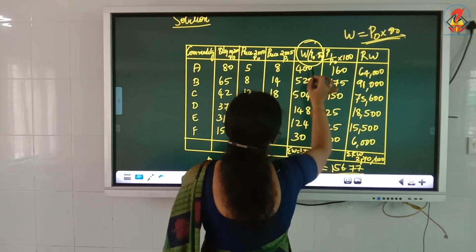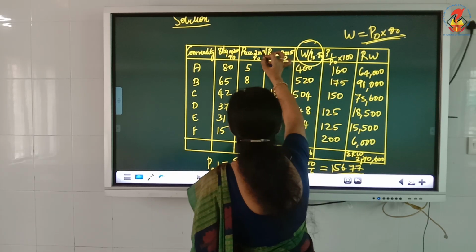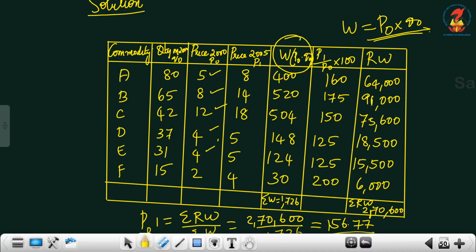Q0 means quantity of the base year, because here Q1 is not taken into consideration.